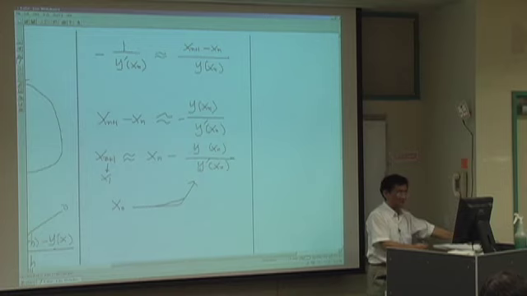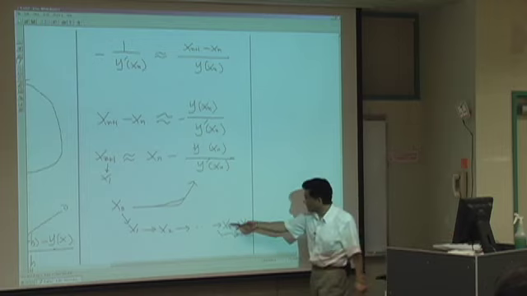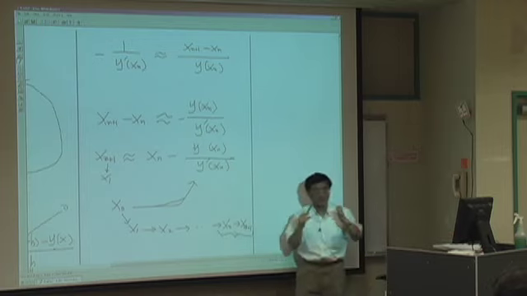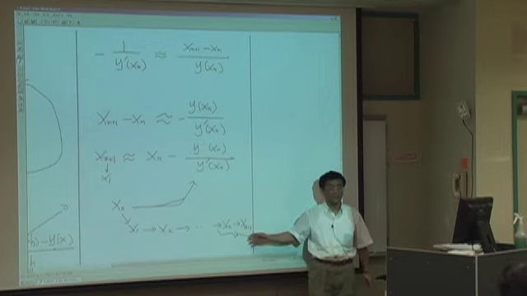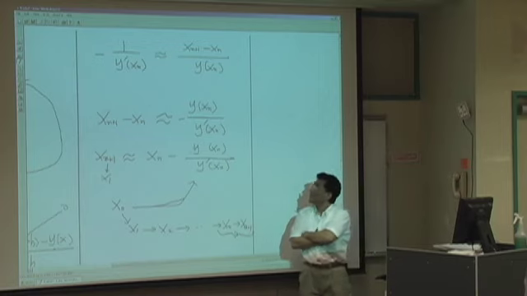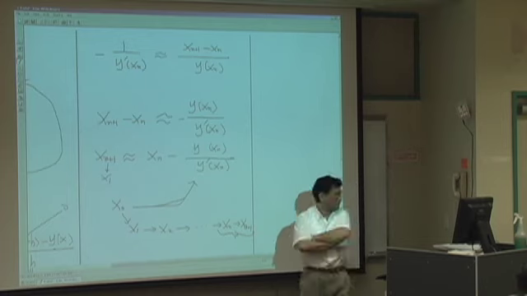So from x0 we calculate x1, from x1 we calculate x2, and so on, up to xn. Somewhere you may see that two results are very close, or sometimes even the same. Then we stop. So this is Newton's method.